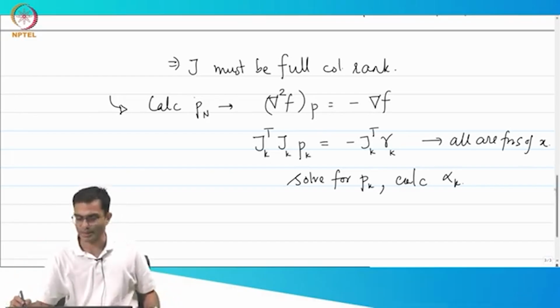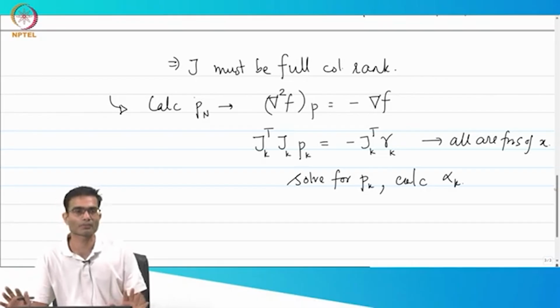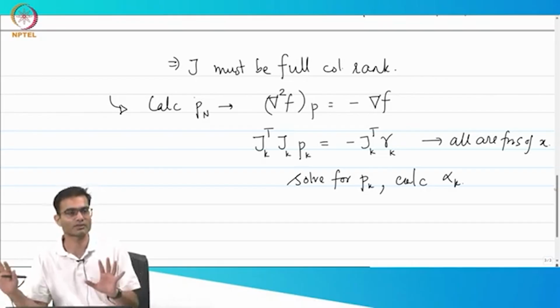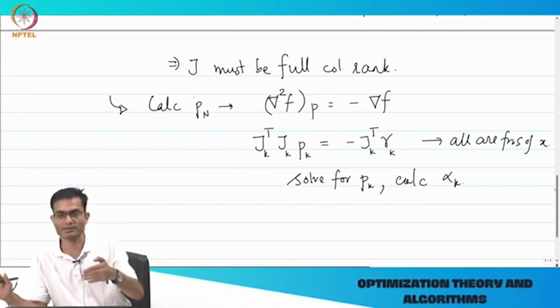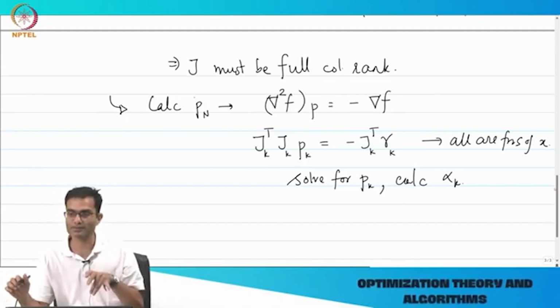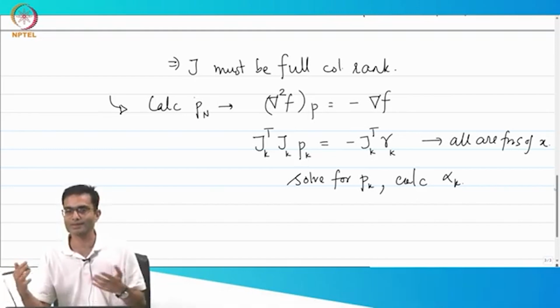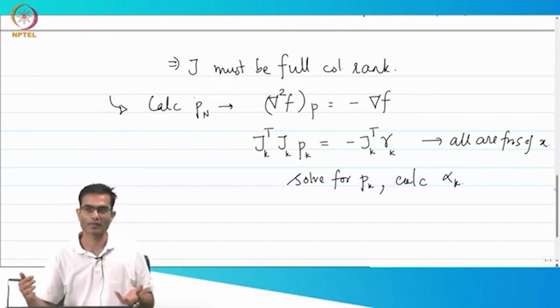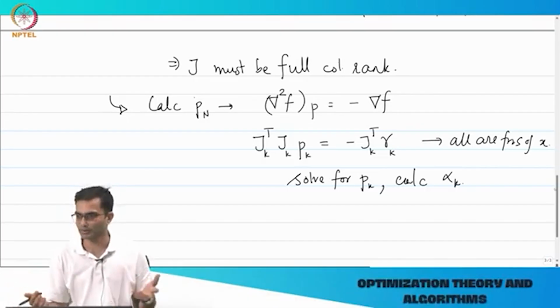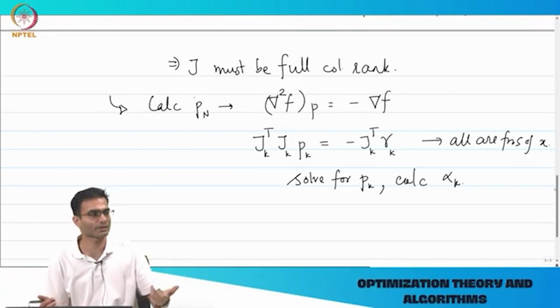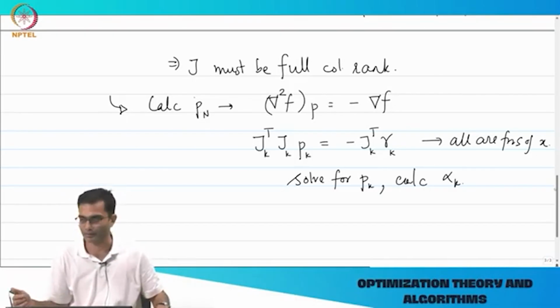So in a nutshell, this is what the Gauss-Newton method does. It ignores the second part of the Hessian, and you calculate the search direction each time by solving this system of equations. You do an inexact line search to get alpha, so it's very similar to the Newton method, except a few simplifications come because I called it a least squares problem.